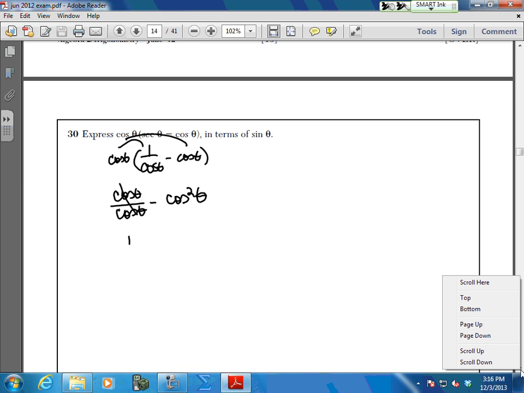This becomes 1. And this is one of your identities that you have to remember. Write this on your formula sheet so you remember to use this one. And if we do 1 minus cosine squared, that is solving for sine. So this breaks down to be sine squared.